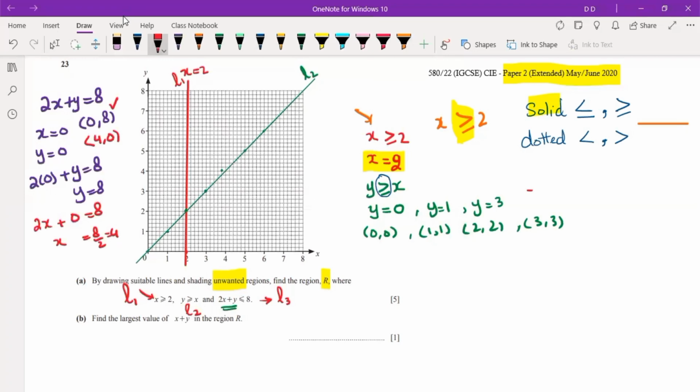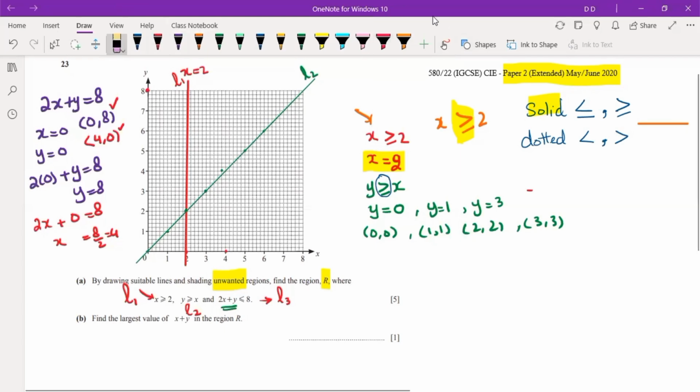So 0 and 8: 0 is x and 8 is y. Sorry, my bad. Okay, we'll go for the next point, 4 and 0. Here is the second point. There is no purpose for a third point.